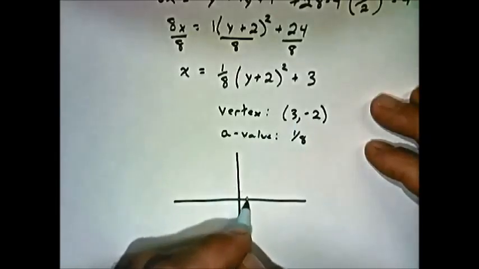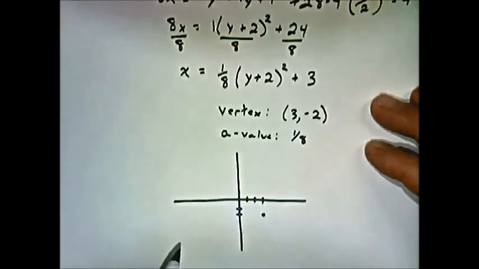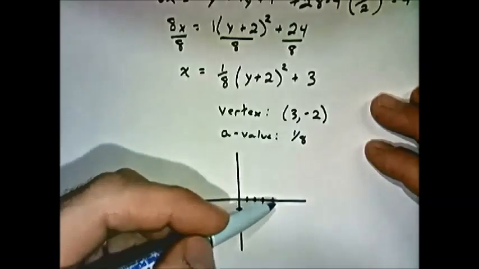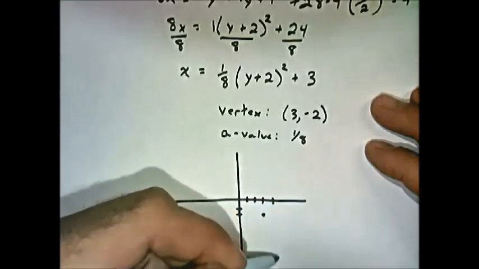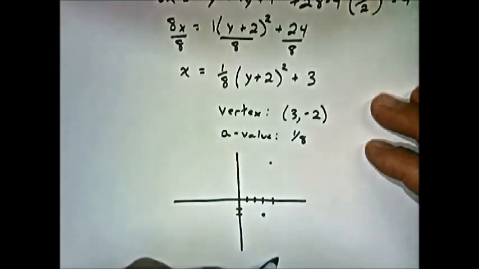So we go to the point 3, -2, plot our point. Now what we can do is come over 1, and we're going to come up 8 and down 8. So without marking all those values out, it's going to look similar to this.